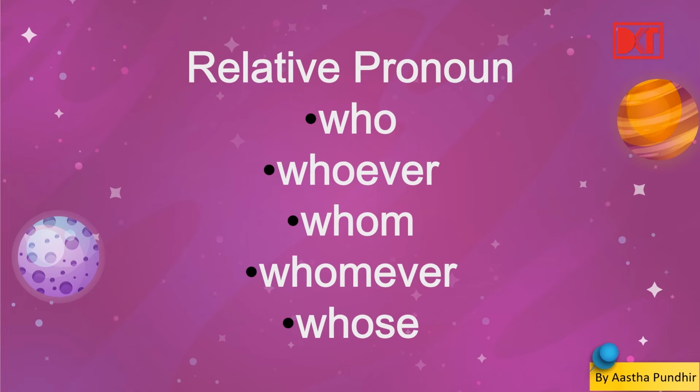Here we have relative pronouns. Now relative pronouns are sometimes used as conjunctions. I've just given a slide for that, like who, whoever, whom, whomever, whose. These are relative pronouns, we did them in pronouns. They can sometimes be used as conjunctions, which means they are relative pronouns, but they do the job of a conjunction as well sometimes.